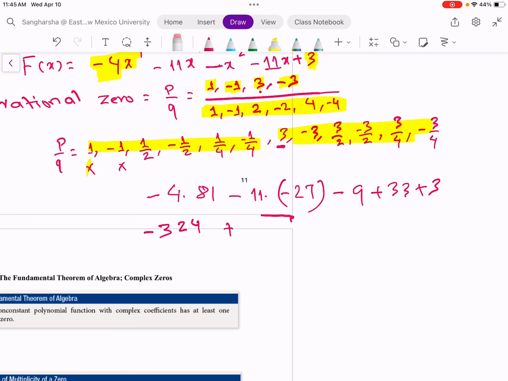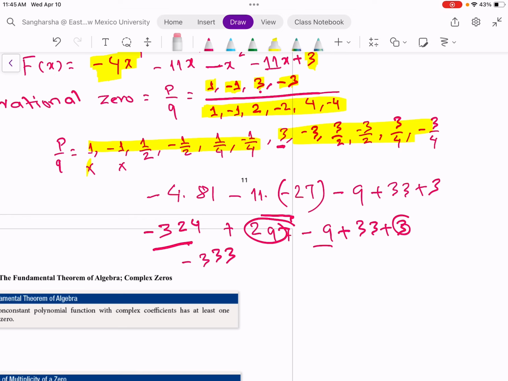So we have 297 minus 9 plus 3 plus 3. Do we get 0 here by any chance? These two are negative, so we get negative 333. Oh yeah, we get this. So this is 300. Yes, so it's our negative 3, right? So negative 3 is 0.